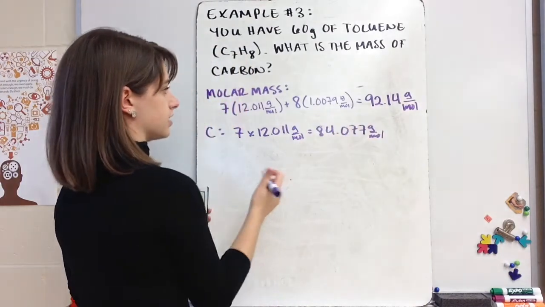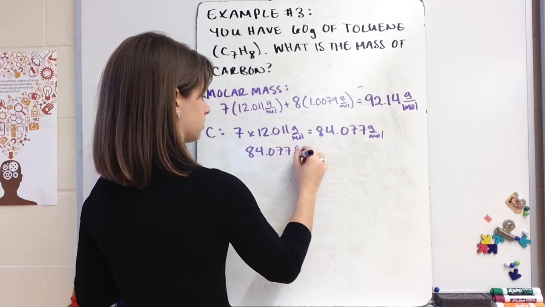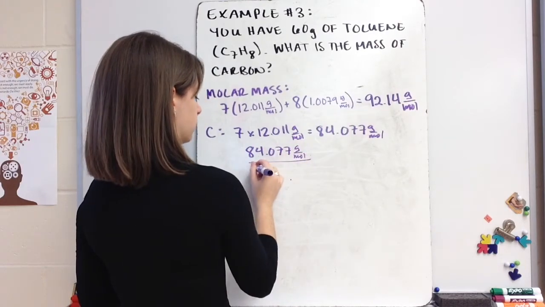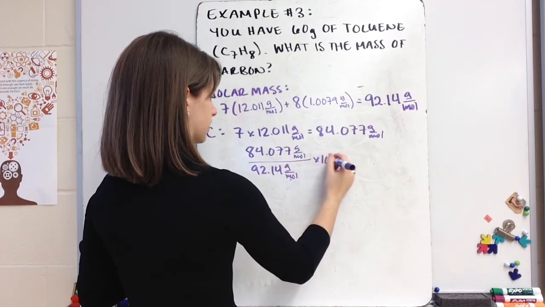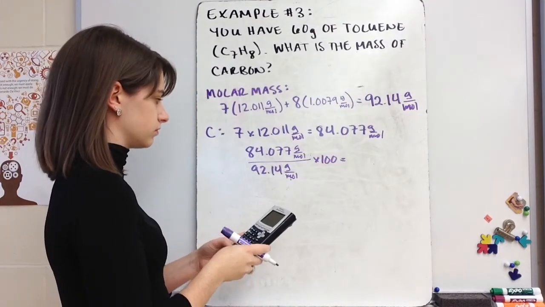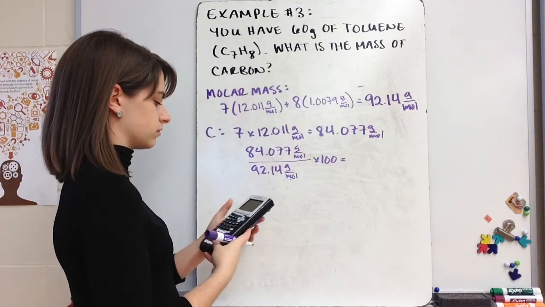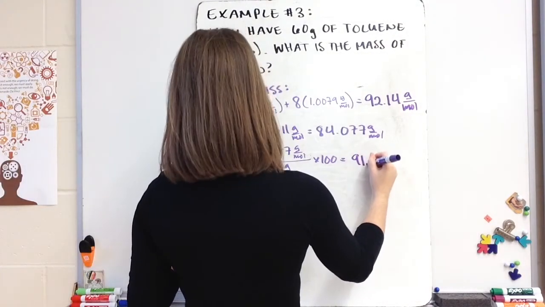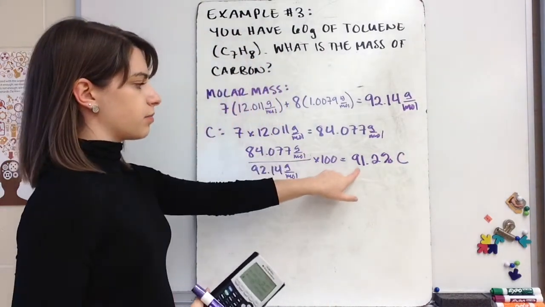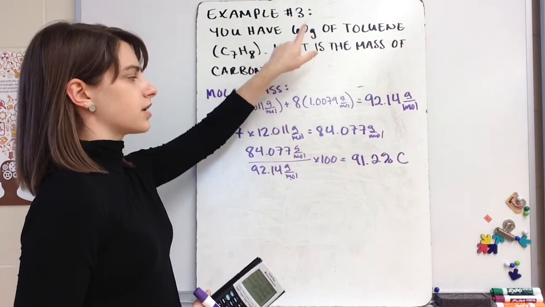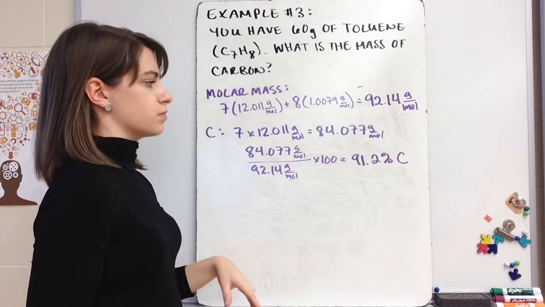My total mass is 92.14, so let's do my part divided by my whole, and then times 100. So it's 91.2% carbon. So 91.2% is going to be carbon whether I have 60 grams, 100 grams, or 200 grams, no matter what. It's always going to be 91.2% carbon.